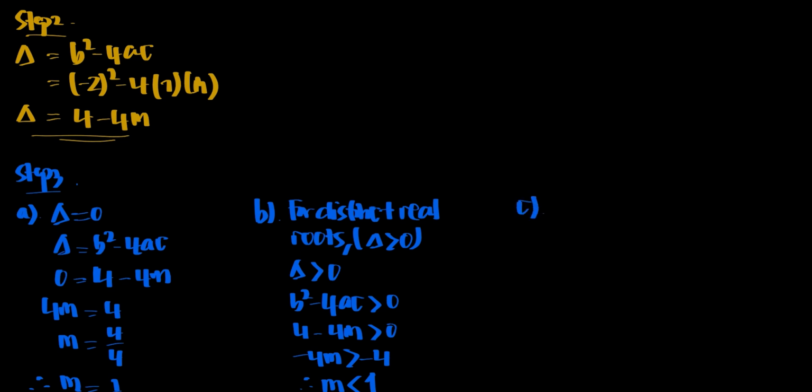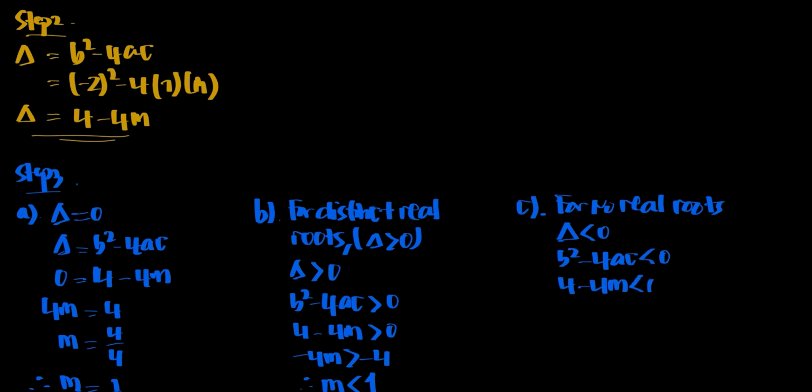Okay, the next one. When it comes to no real root, it means that delta is less than 0. So b squared minus 4ac less than 0, 4 minus 4m less than 0, so then minus 4m less than minus 4, moving to that side.